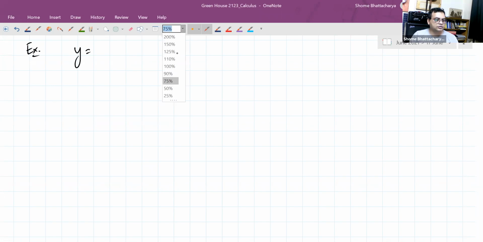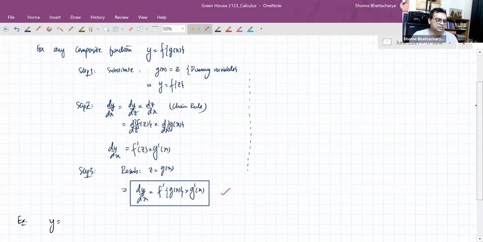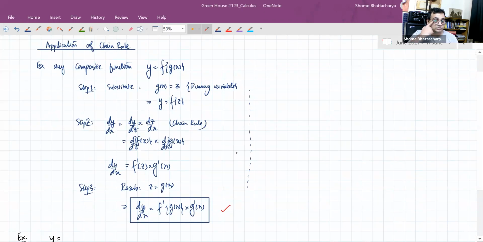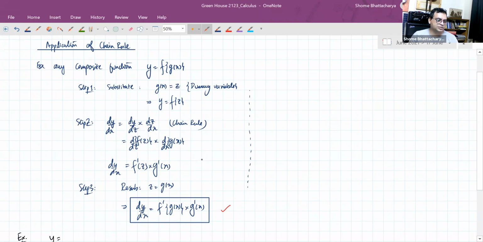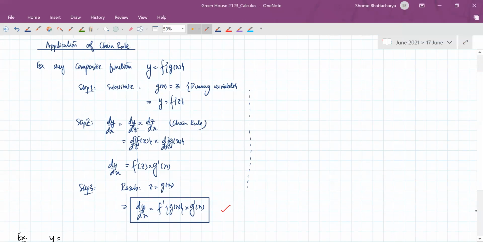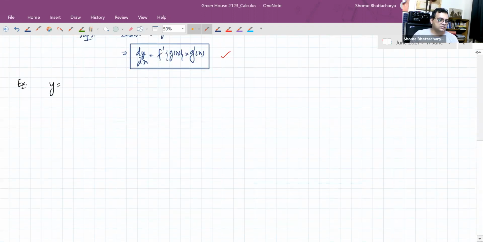Sir, we have to copy it, no? Not necessarily, because this is a recap of what you've done last time. So you will not copy this, but as long as you are clear with the steps, if there's any doubt in any of the steps, please let me know. Okay, sir. Clear now all the steps? Yes. Okay, very good.